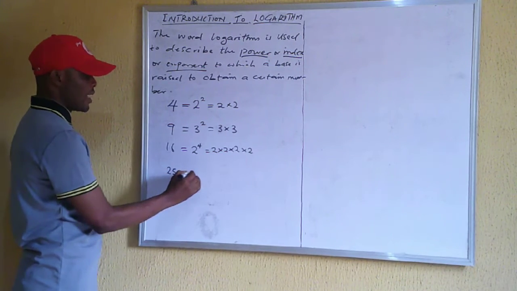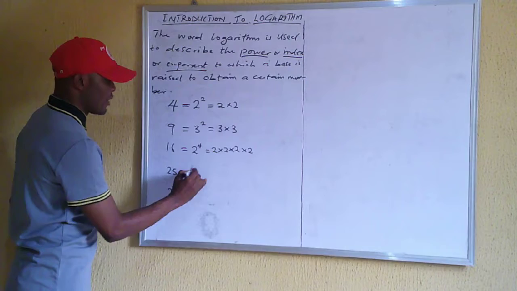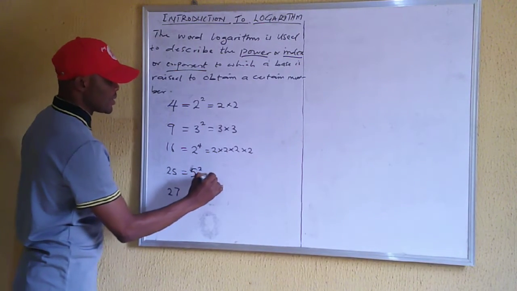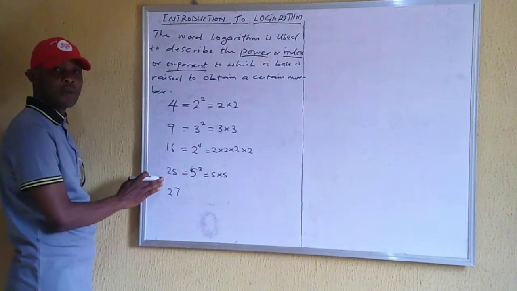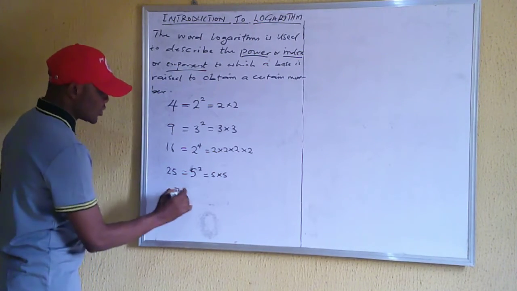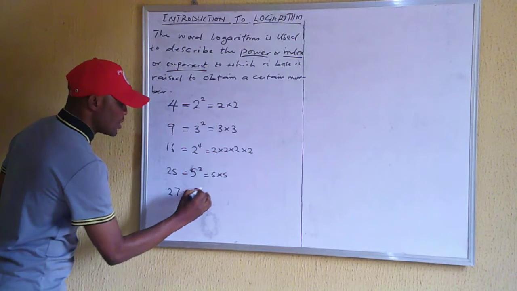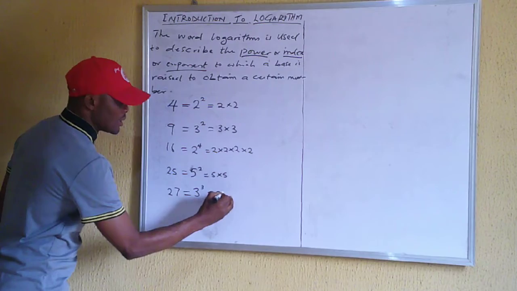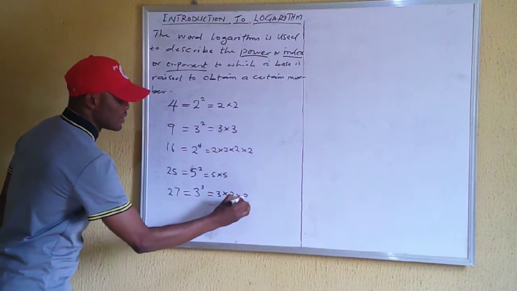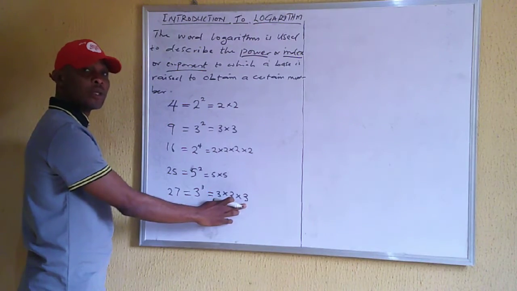Then 25 can also be written as 5 raised to the power of 2, which is 5 times 5, and that gives you 25. Now 27 can also be written as 3 raised to the power of 3, which is 3 times 3 times 3. 3 times 3 gives 9, and times 3 gives 27.